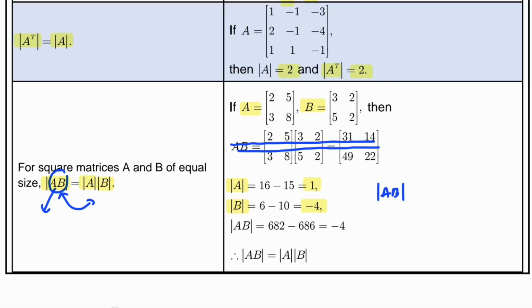Our target is to find the determinant of AB, so using this property, the determinant of AB is equal to the determinant of A multiplied by the determinant of B. So you just multiply 1 with negative 4, and that will give you negative 4.